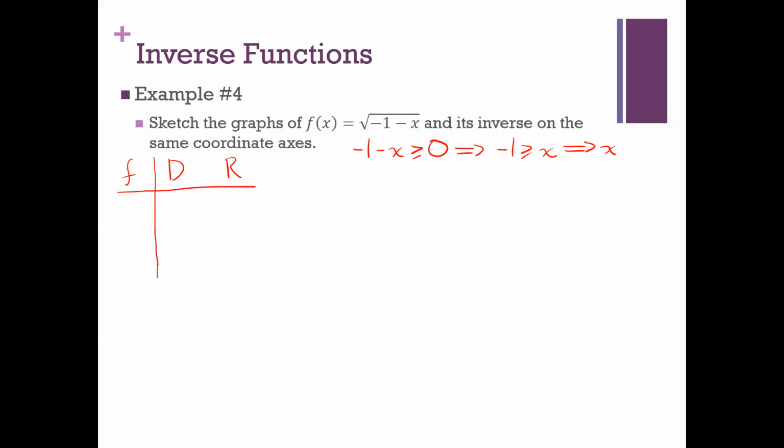It's easier to look at as x is less than or equal to -1. Cool. So the domain for this function is all the x values that are less than or equal to -1. Do we know what the range of f is going to be?